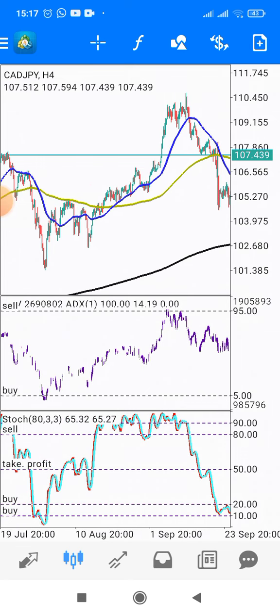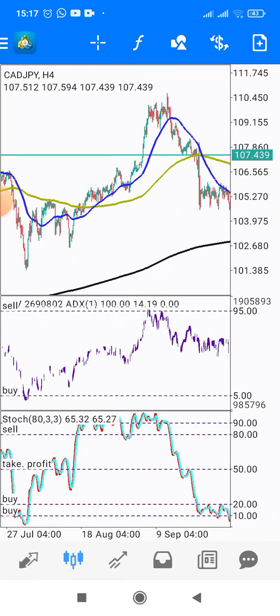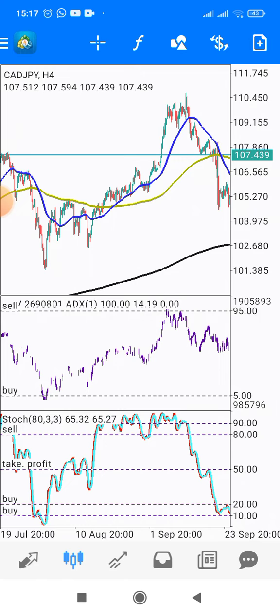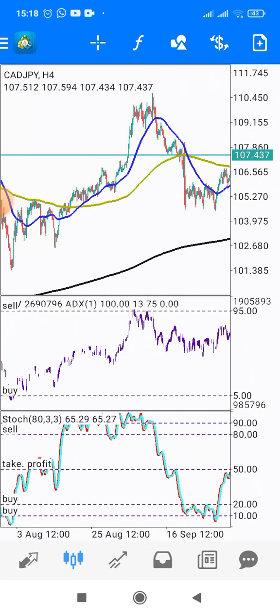After knowing that that is the highest point in the market, you go back down to your stochastic. Your stochastic should have reached the 90 level. Then when it is a sell, it is supposed to drop back to 80.